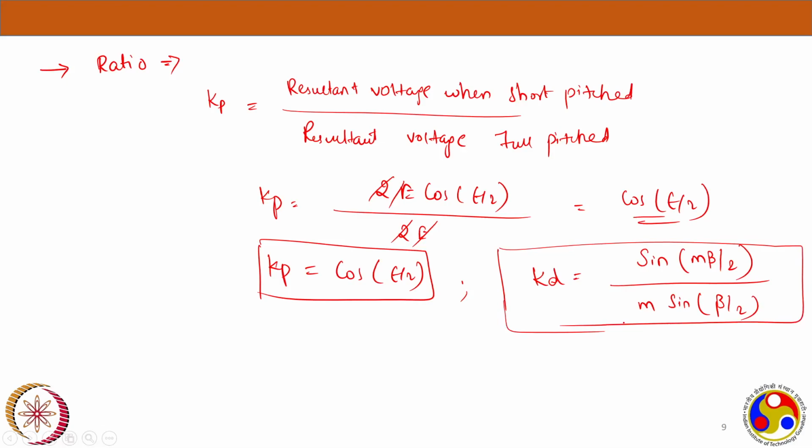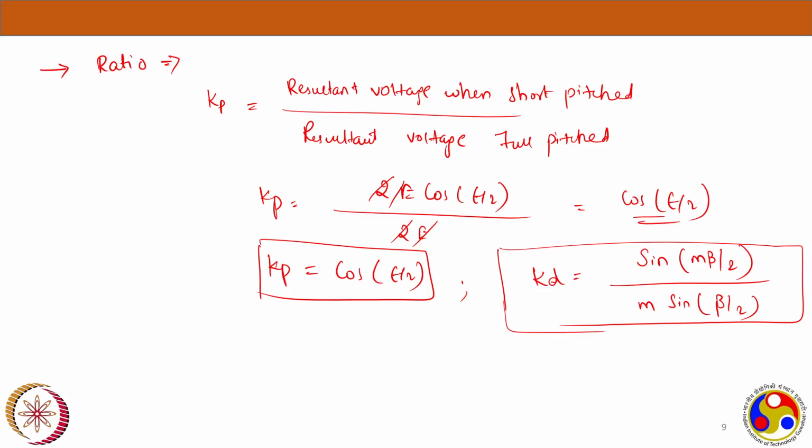Now, in an AC machine, these two ratios Kp and Kd are very important because more or less generally windings are short pitched, or generally distributed, because they have their own advantages. So these two ratios will always be important even while winding the machine.